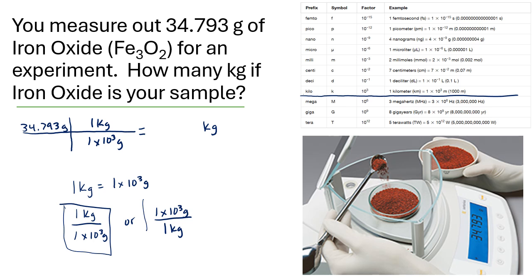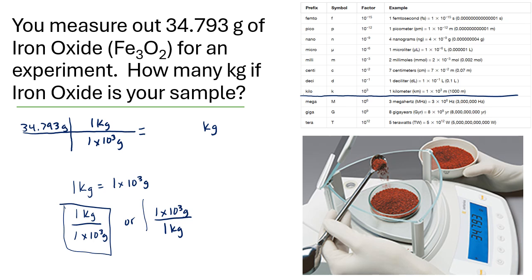34.793 divided by 1 times 10 to the third. And again, I was real careful to put that 1 times 10 to the third all in parentheses so that my calculator treats it like a scientifically noted number.